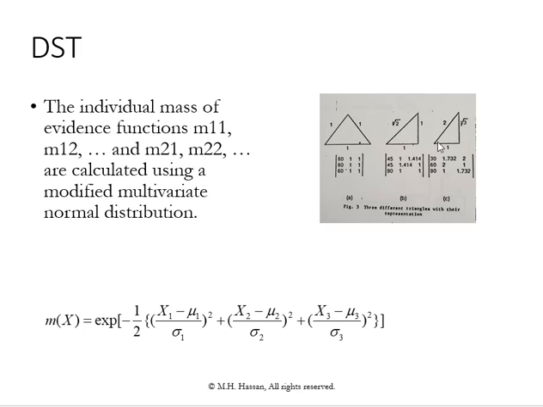Here we'll calculate M1. So we can calculate M12, M13, and so on based on the object that we do comparison with by using the multivariate distribution. Now mu1, sigma1, mu2, sigma2, mu3, and sigma3: sigma1, sigma2, sigma3 are constants, where mu2 and mu3 are values featured in the second object or the third object, and so on.